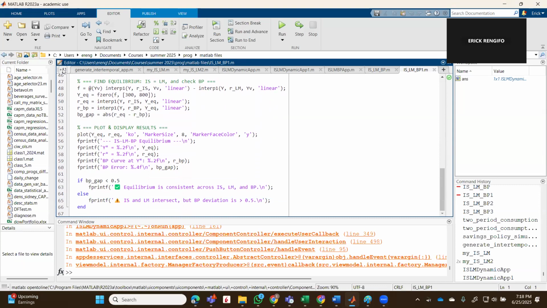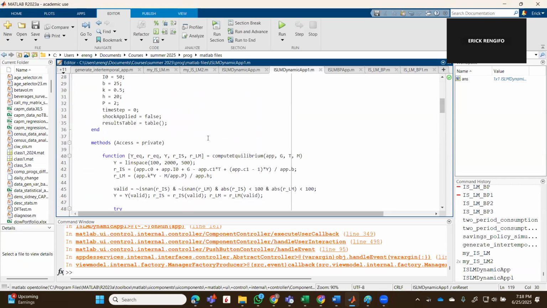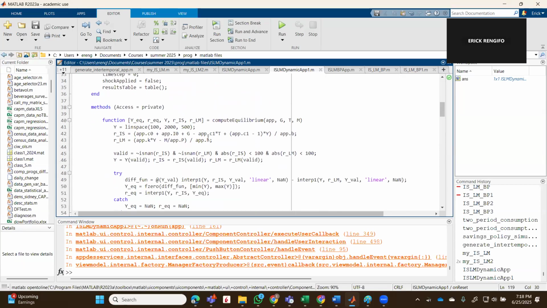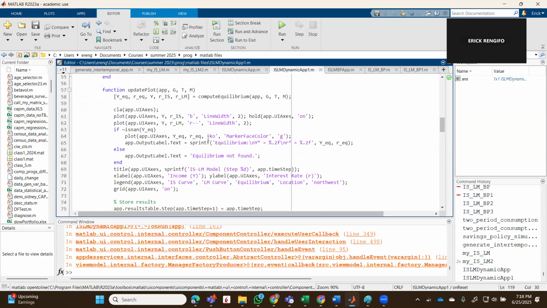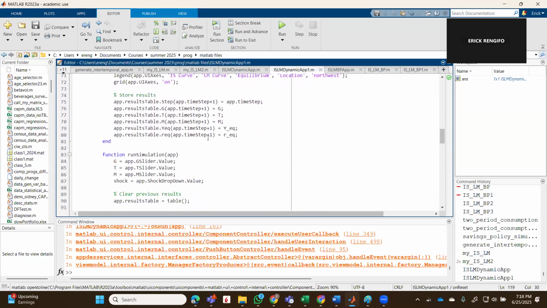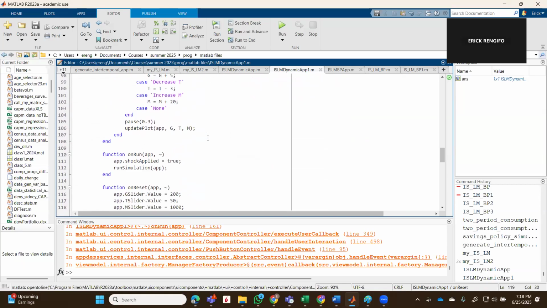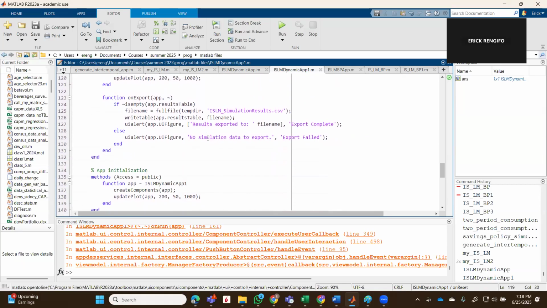No, you have everything. So perhaps in the dynamic model. Linspace, you know how to do linspace. I just want some command that is new. Yeah, writetable. I showed you how to use this one in one of the videos that you have seen.